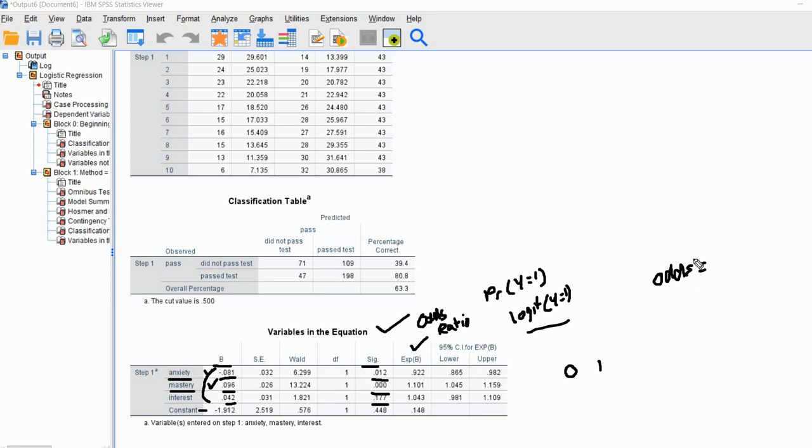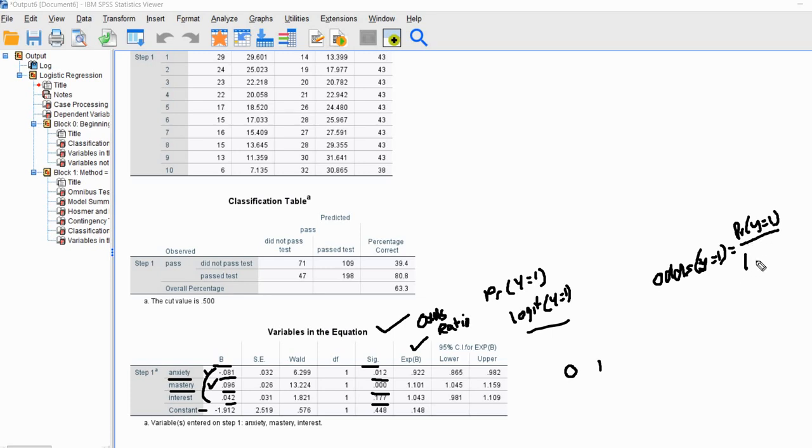In our case, the odds that y is equal to 1 is computed as a ratio of the probability that y is equal to 1 over the probability that y is not equal to 1.